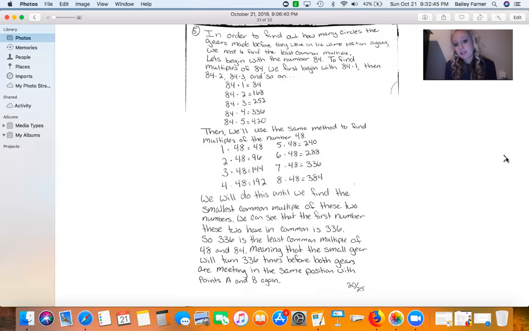And so since the number 84 gets to 336 in 4 revolutions, and the number 48 gets to 336 in 7 revolutions, this means that the smaller gear has to make 3 more revolutions before it is at the same point as point B.